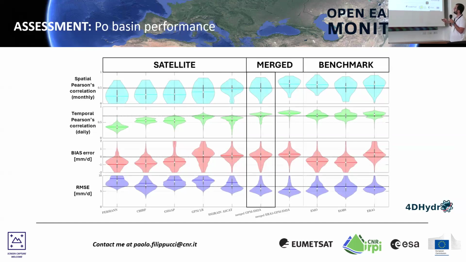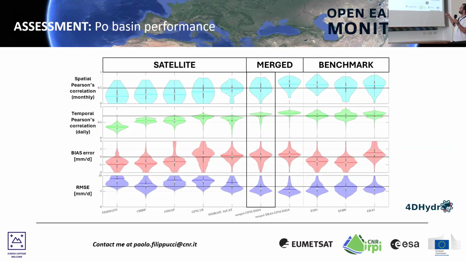We can see that we have two versions of our product, one based just on IMERG and SM2RAIN, one that instead uses also ERA5. We can see that already by the merging of these two kinds of approach, we outperform all the purely satellite products in terms of spatial correlation, temporal correlation, bias, and root mean square error.